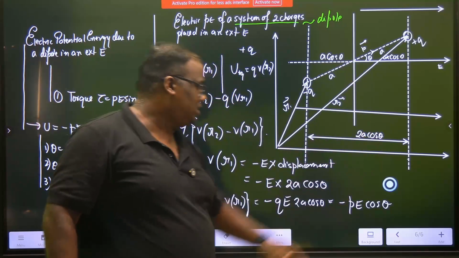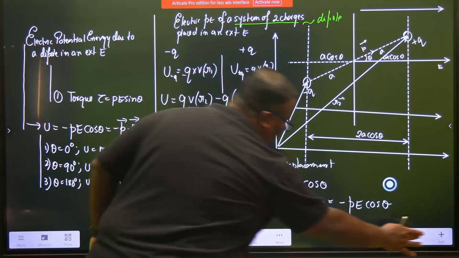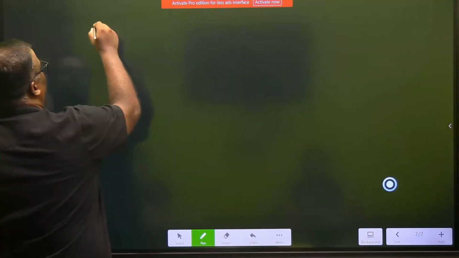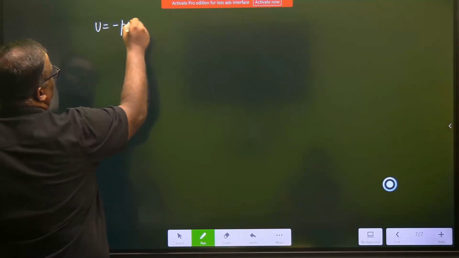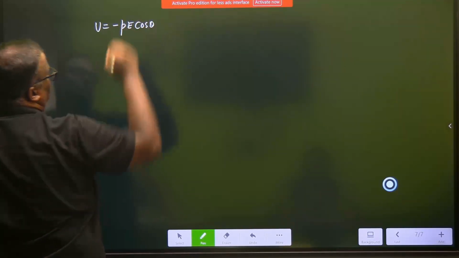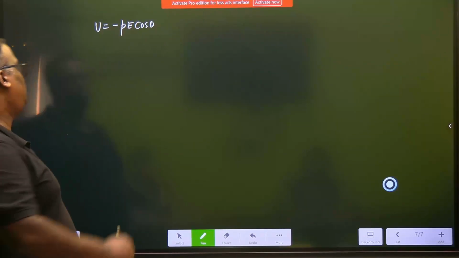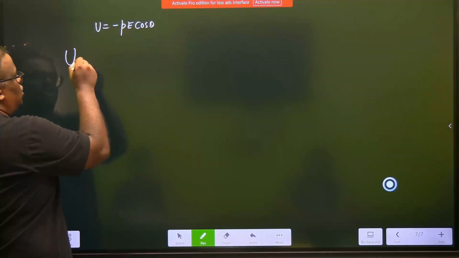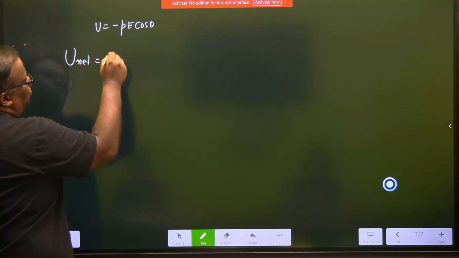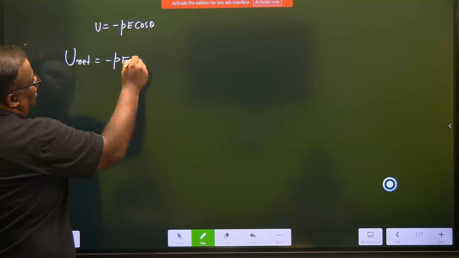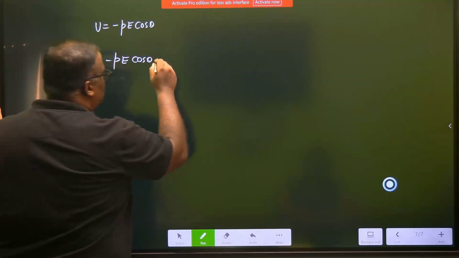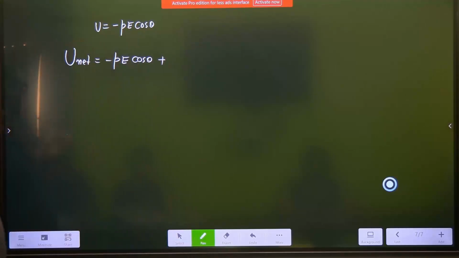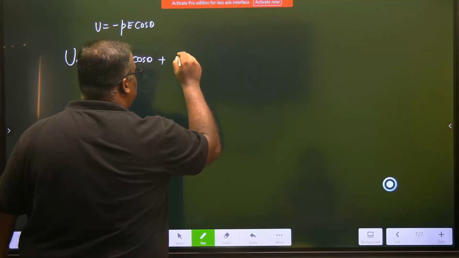So we just found that U is equal to minus P E cos theta. But if you try to find the net potential energy, it should be minus P E cos theta, which we have already found, and with that you should also add the potential energy due to the two charges. What is it?